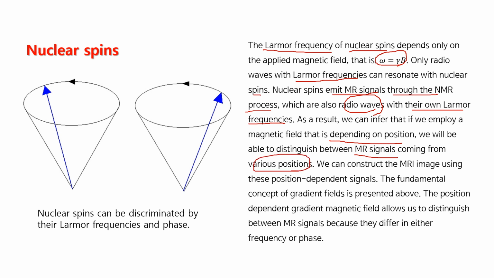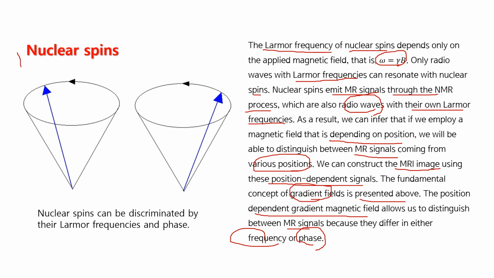We can construct the MR image using these position-dependent signals. The fundamental concept of gradient fields is presented above. The position-dependent gradient magnetic field allows us to distinguish between MR signals because they differ in either frequency or phase.